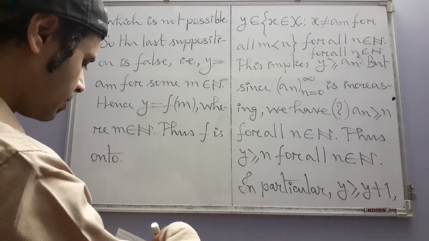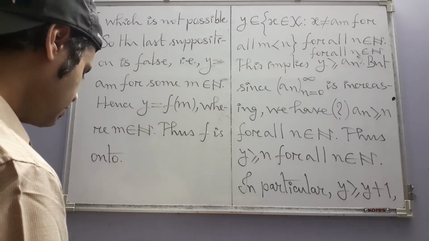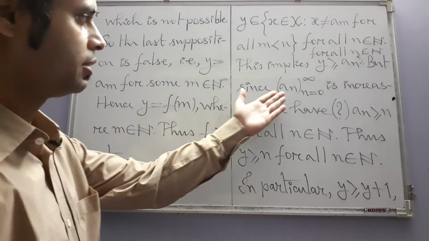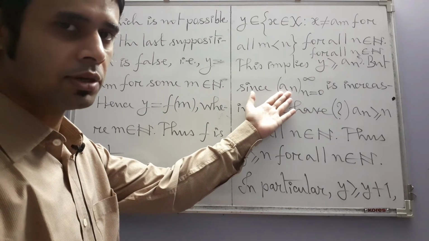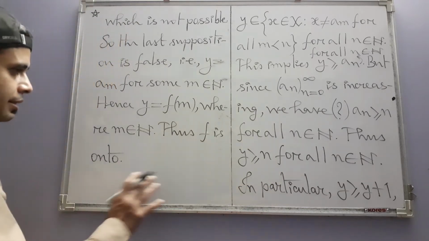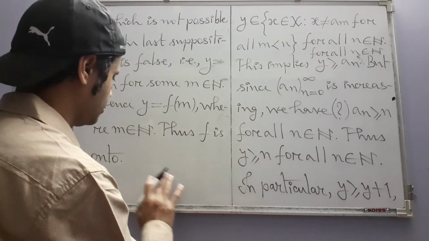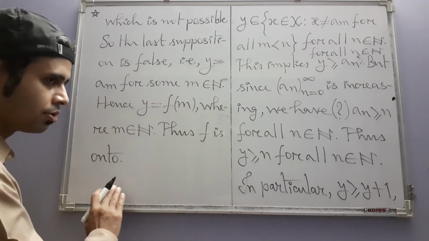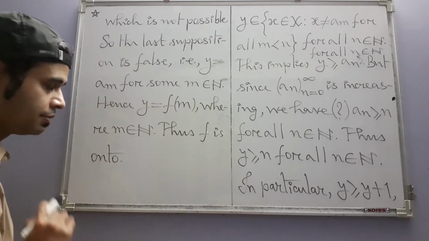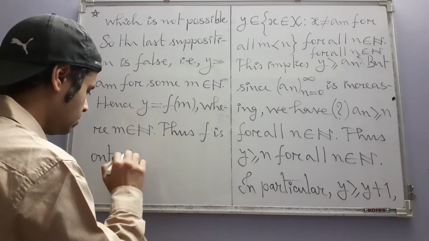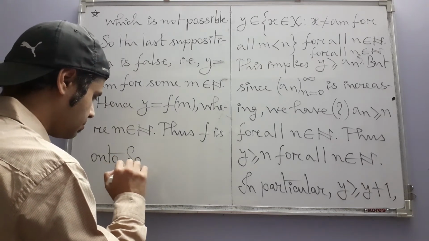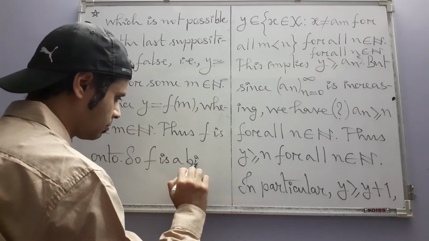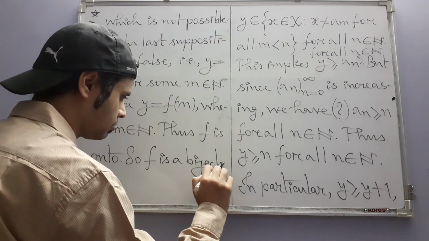Oh, did I forget to mention that f is increasing also? That simply follows from the increasing nature of the sequence an. I think I did not write anything about that. So let me here make a short conclusion of what we have achieved so far. f is a bijection.